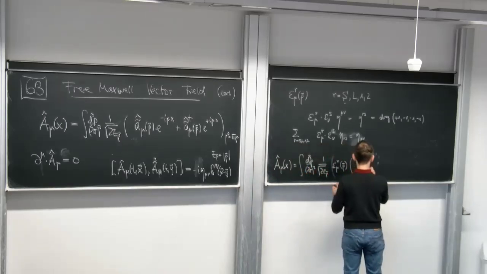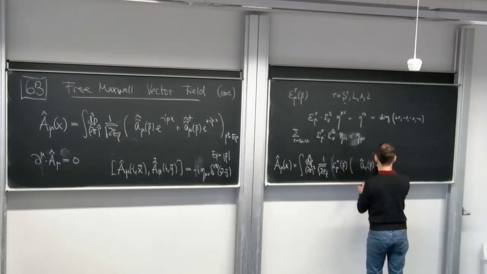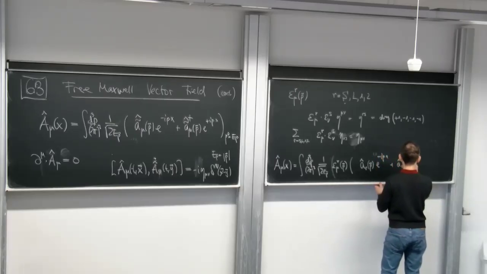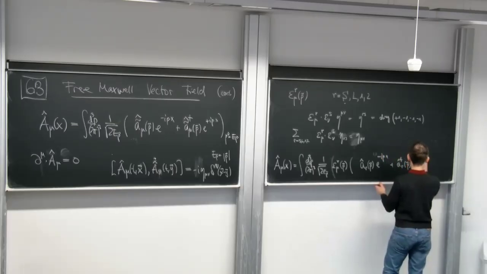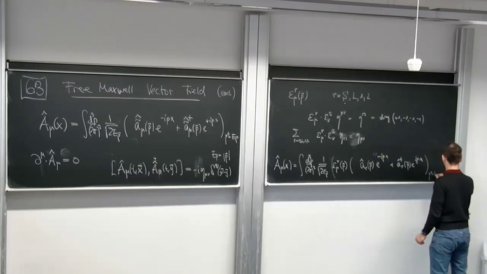And then you have here a_r, no tilde, because these are the other ones, still depending on p, e^(-ipx) plus a^†_r(p) e^(ipx). Boom. And p^0 is.